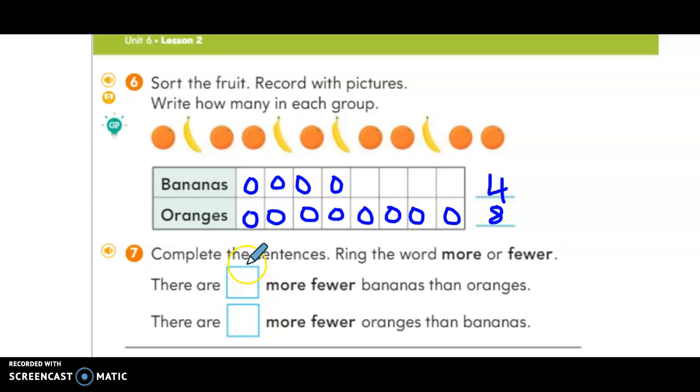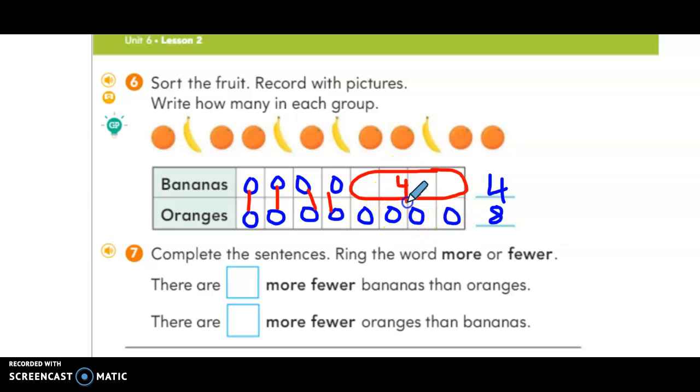All right, now we have to complete the sentences and ring the word more or fewer to make it make sense. Okay, we have to find out if there are more bananas than oranges or fewer bananas than oranges. So let's do the same thing that we've been doing. Same, same, same, same, different. Okay, how many different? 1, 2, 3, 4.